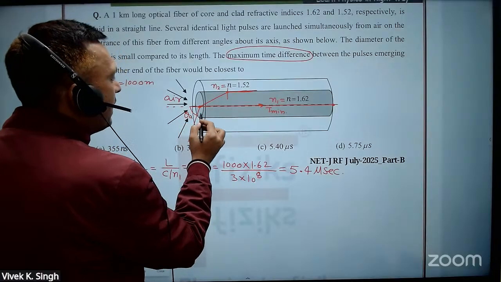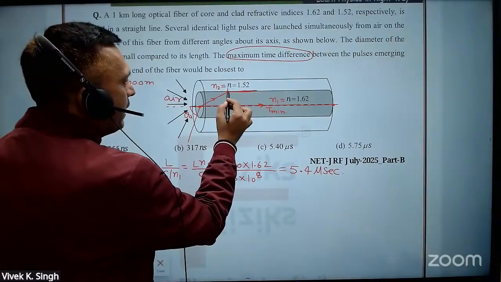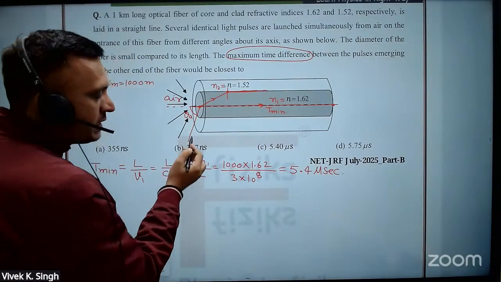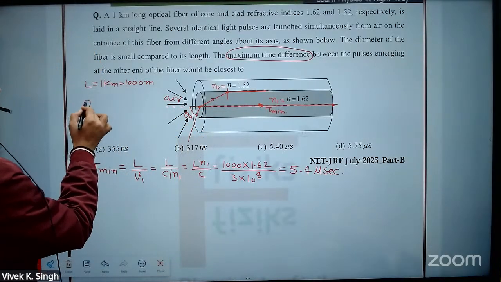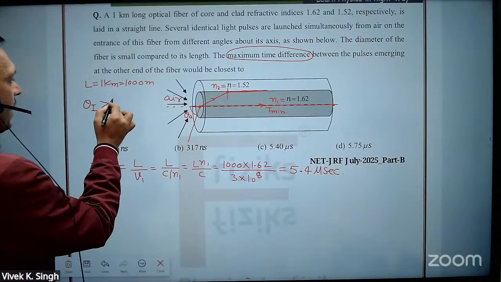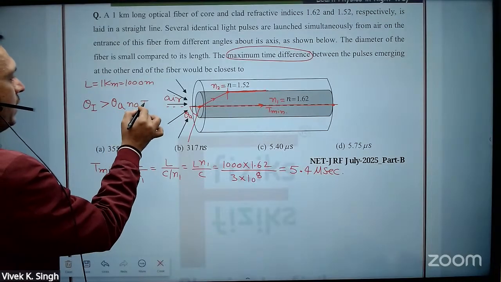This angle is defined as theta A, where at the core cladding interface, the ray will be just parallel to the interface. Means if the incident angle is greater than theta A, there will be no total internal reflection.